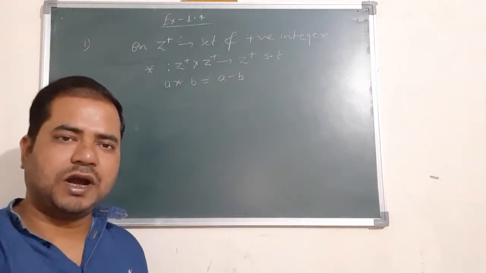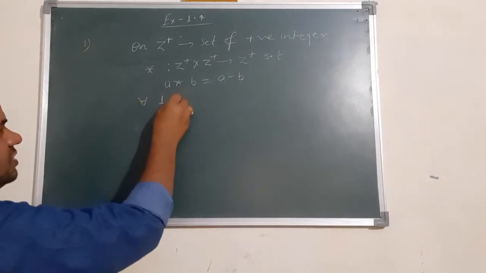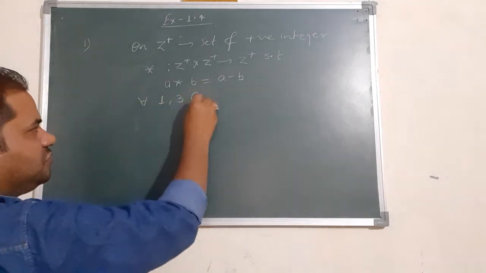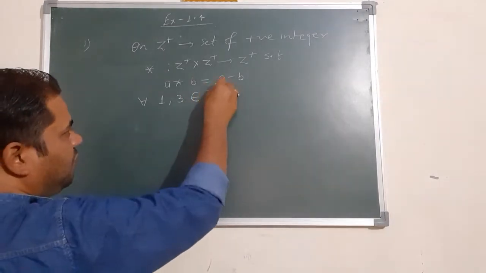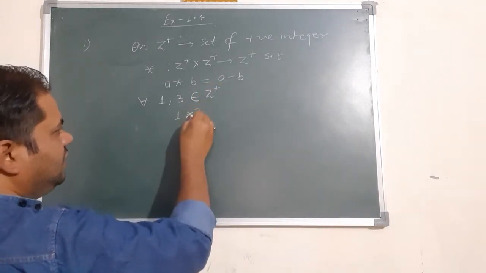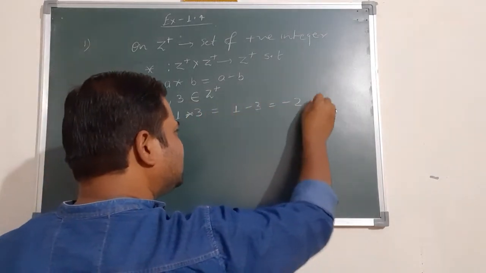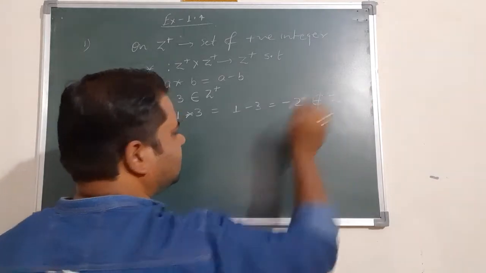So this is not a binary operation. Why? Because if we take a equal to 1, b equal to 3, belonging to Z plus, then 1 star 3 is equal to 1 minus 3. This is minus 2, and this does not belong to Z plus.